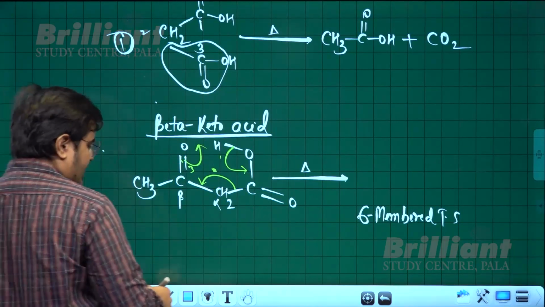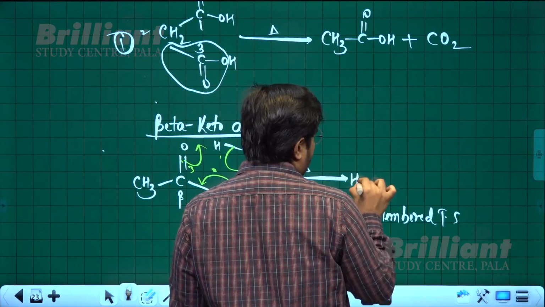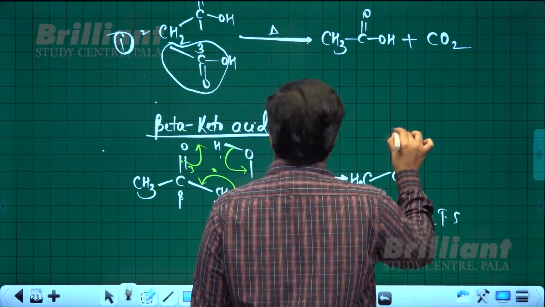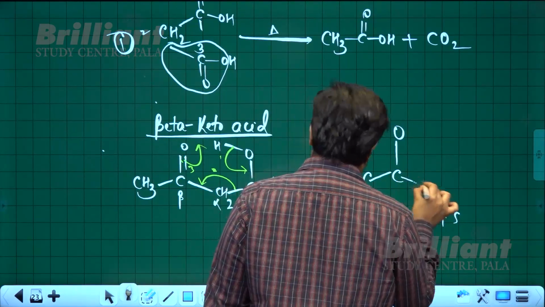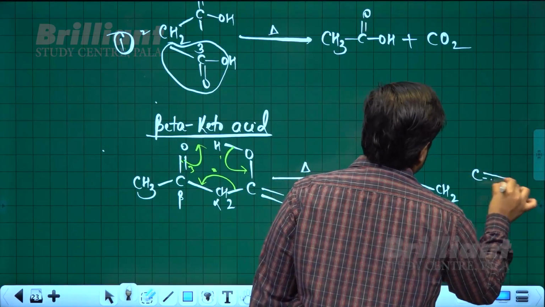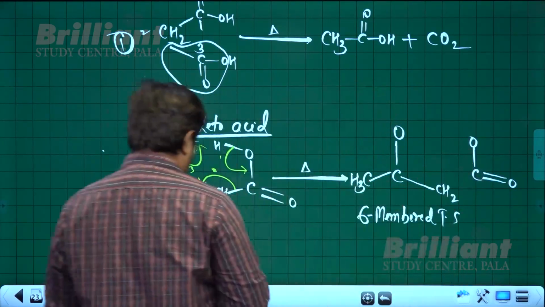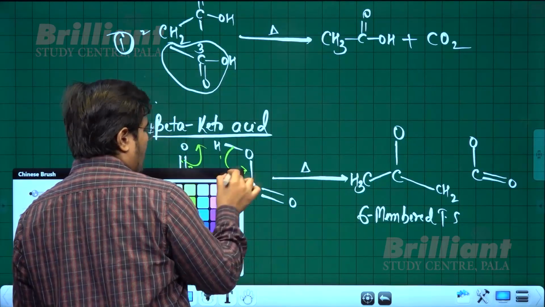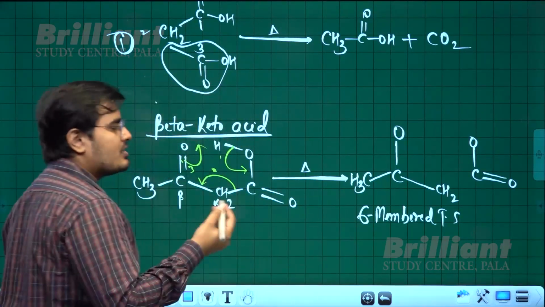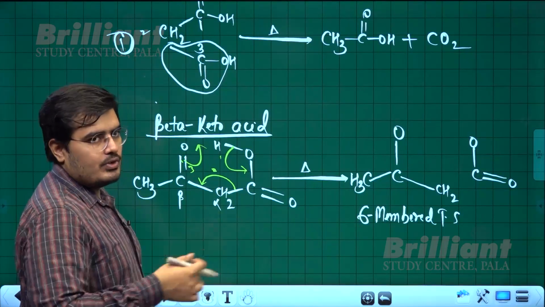So what I can say is, if I write this transition state, then you can say it is CH3, C, O, CH2, C double bond O, and there is H. I am going to represent the new bonds formed and the old bonds breaking by dotted lines.